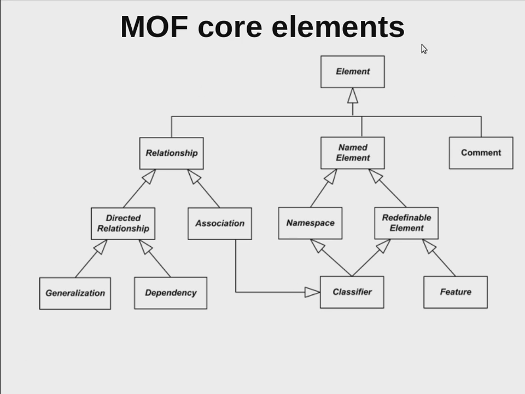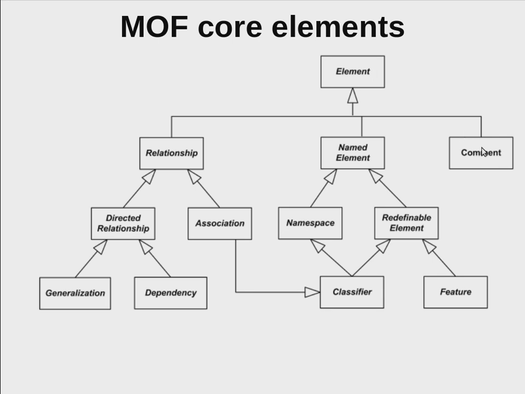And so here is UML shown as a class diagram describing UML itself. Again, class diagrams represent only the structural, static part, not behavior. But if you look at this structural part of UML, then everything in UML is just an element, and this is an abstract class, as you can see.